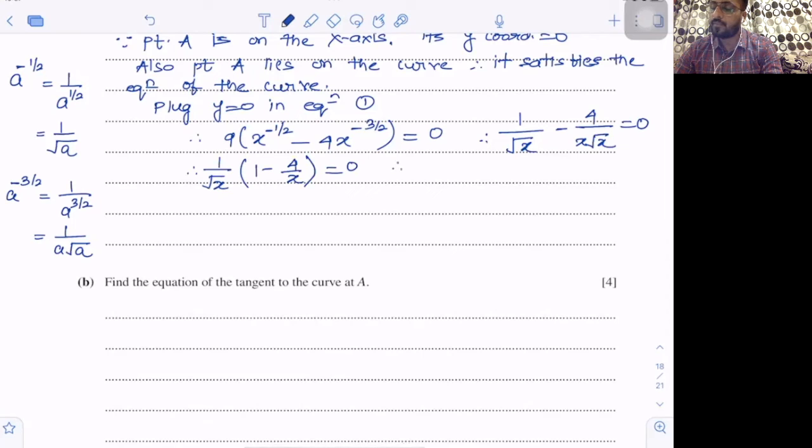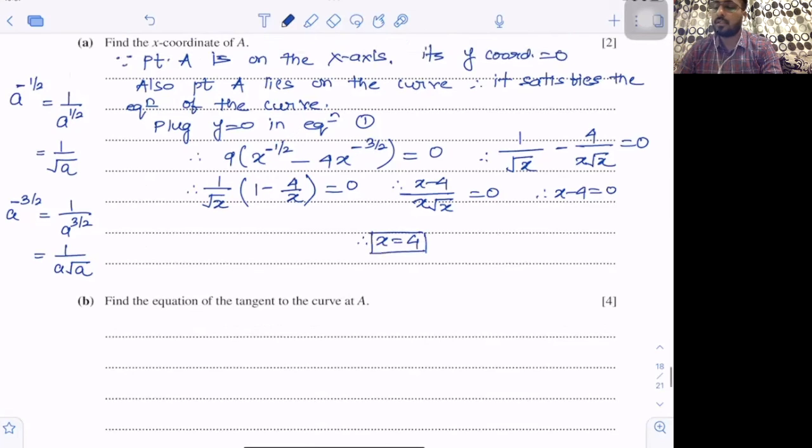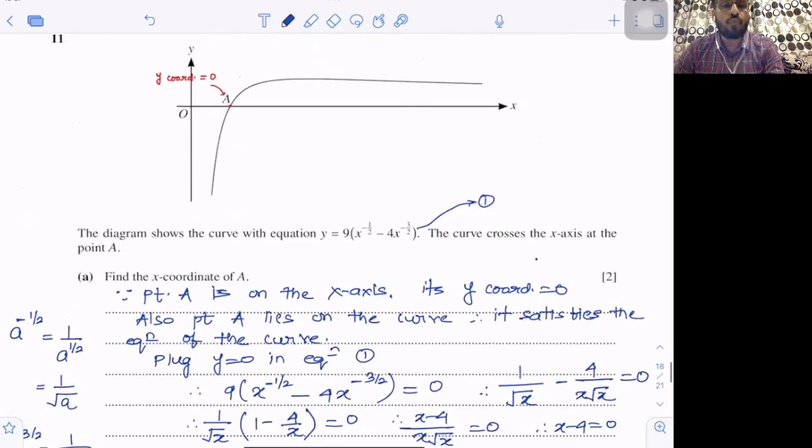That gives me x minus 4 upon x root x equal to 0. So you know that a fraction can become 0 only if the numerator becomes equal to 0. So therefore I can say x minus 4 should become equal to 0, right? That means x will become equal to 4. So x equal to 4 is the x coordinate of point A.